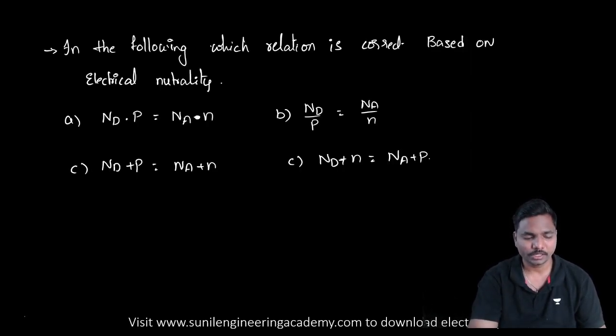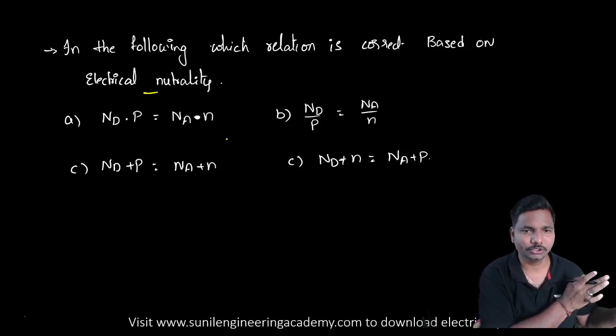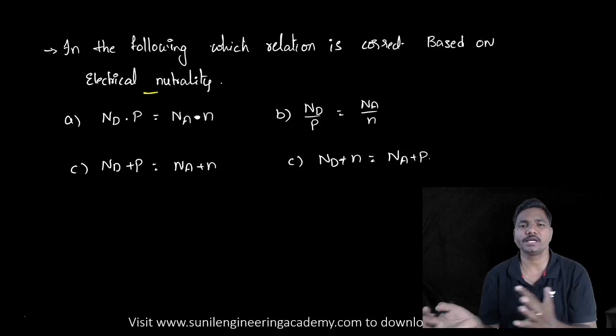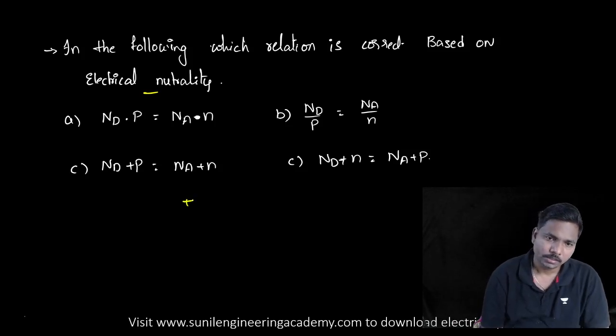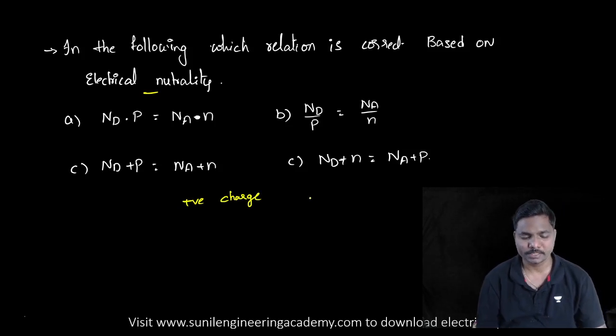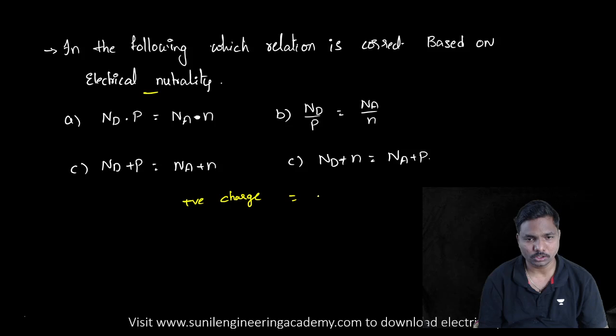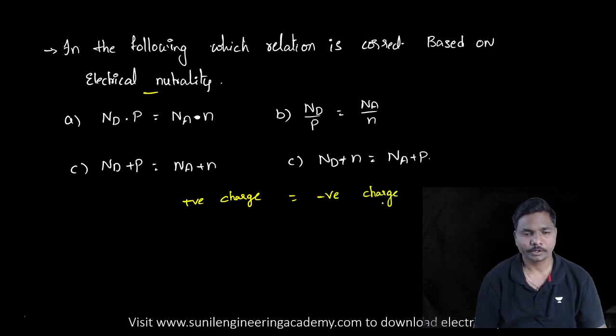In the following, which relation is correct based on electrical neutrality? What is electrical neutrality? Whenever the positive charge is equal to the negative charge, you can say that it is neutral. Whenever the positive charge per cubic volume is equal to the negative charge per cubic volume.